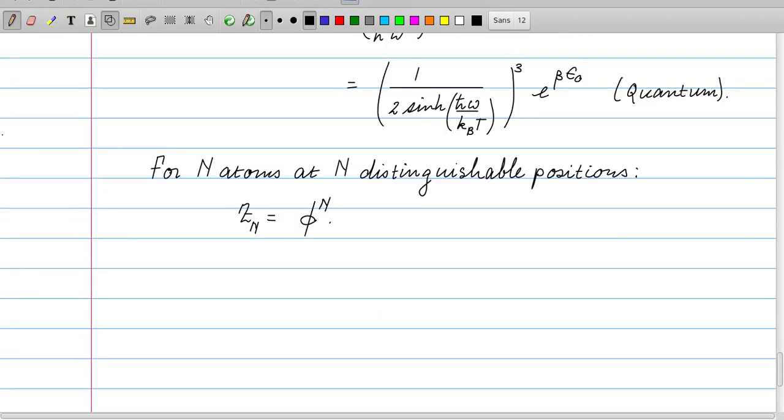Now if we have n particles, each with a partition function phi, then the partition function Z_n is just phi to the power n. I've mentioned here distinguishable, which may be surprising, because the atoms are, after all, indistinguishable. This has a rather subtle reason.